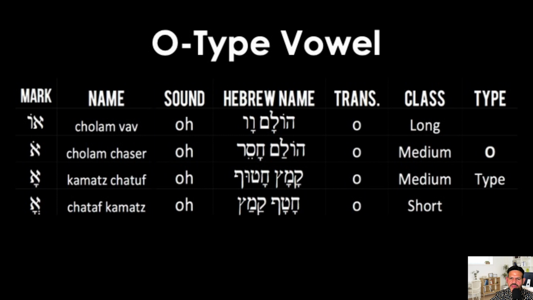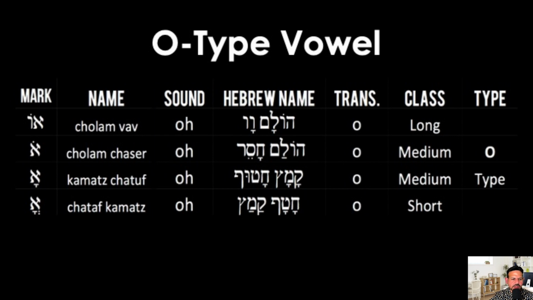We say that the vav with the dot on top is called a cholam vav. The cholam is the dot. The vav is what's holding it in the air. If I remove the vav, then it's a cholam chaser. Then there's the rare time that kamatz is used for a medium O sound, kamatz chatuf, or an even shorter O sound, chataf kamatz.